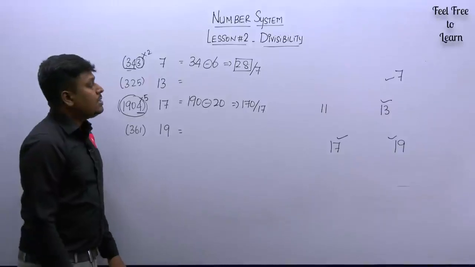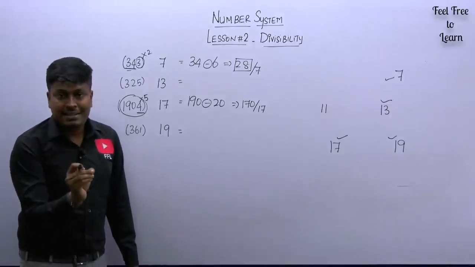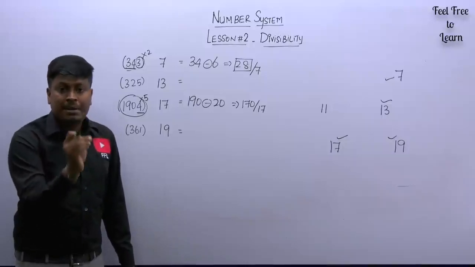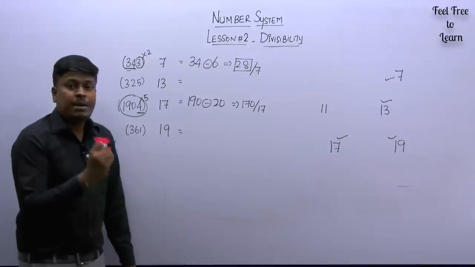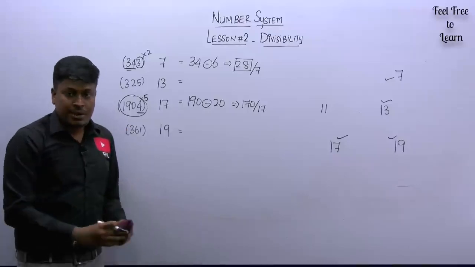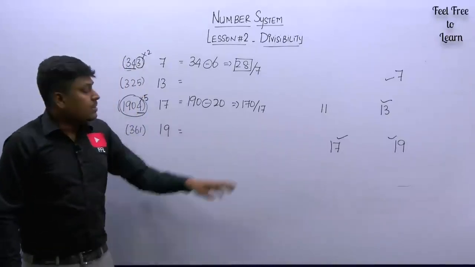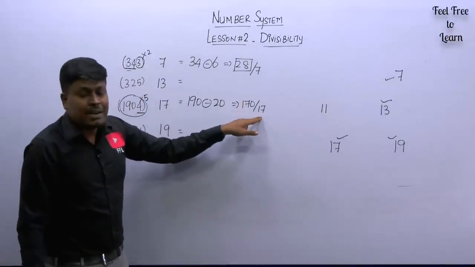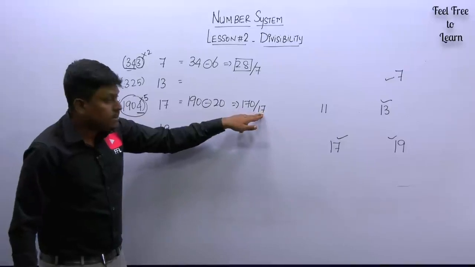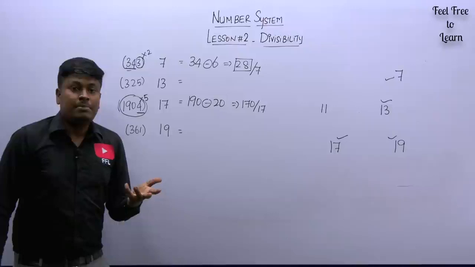So you take the last digit, multiply by 2 for 7 or by 5 for 17, and subtract it from the remaining numbers. Then check whether the resultant number, here 170, is divisible by 17. It is, so finally we can say that the complete number is divisible by 17.